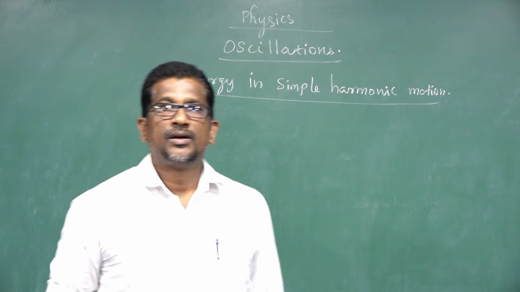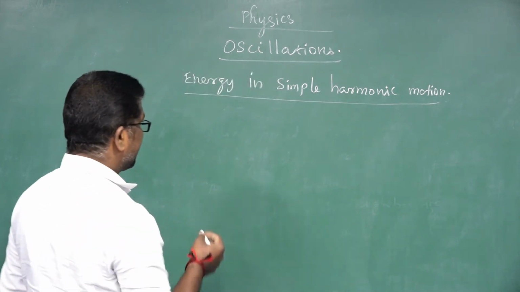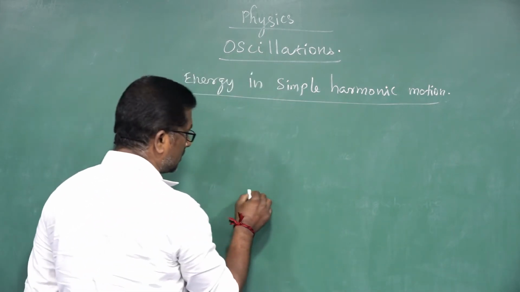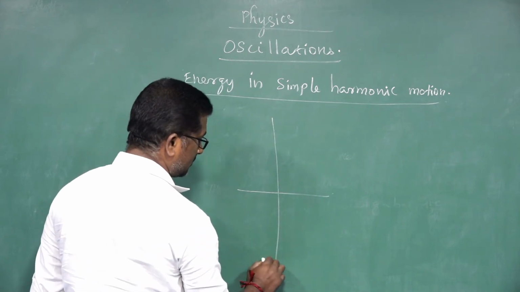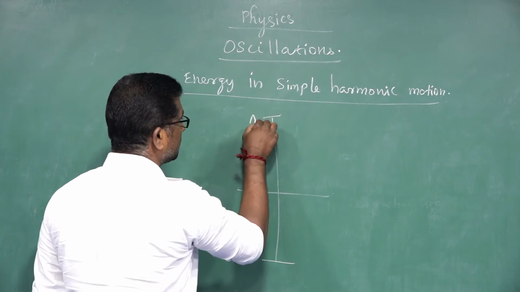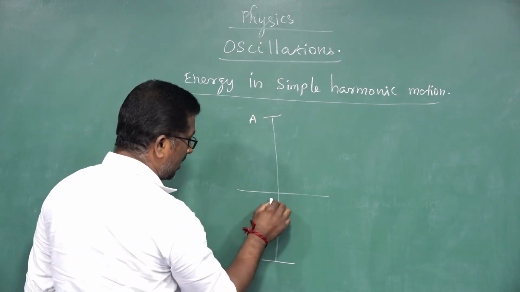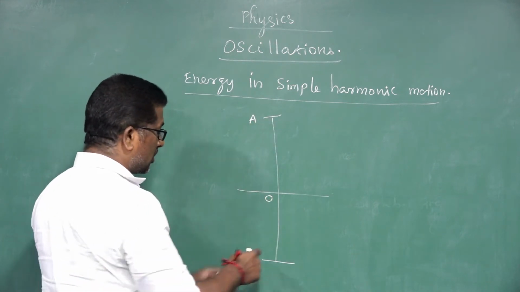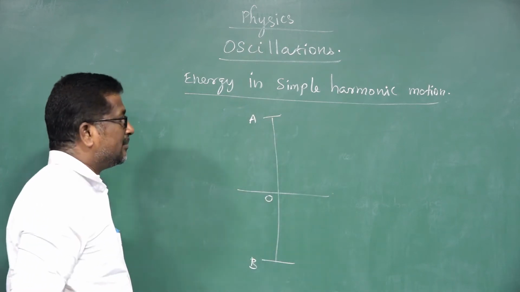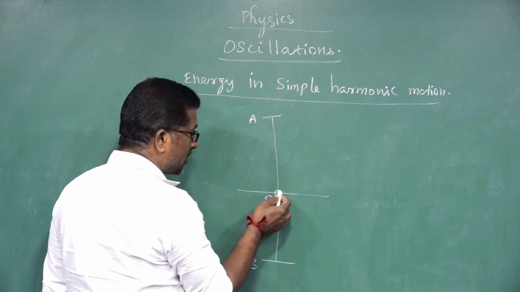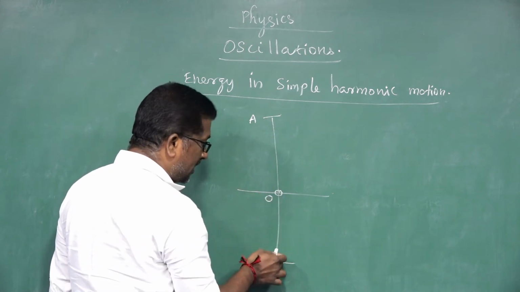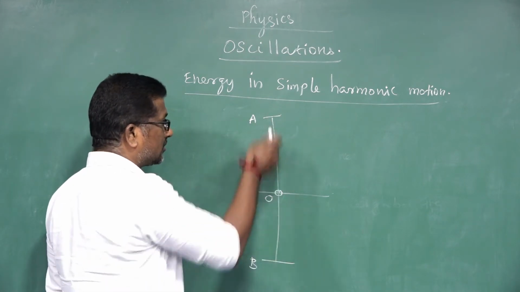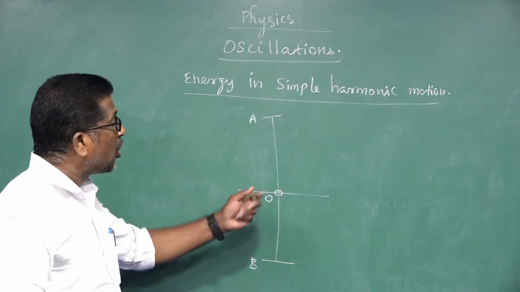Suppose let us consider a particle executing simple harmonic motion about the mean position O and between the points A and B. That is, the particle moves from O to A, then A to O, again O to B, then B to O. This is a simple harmonic motion.